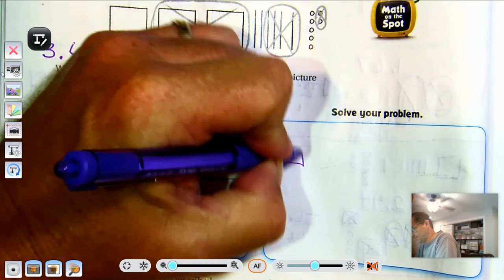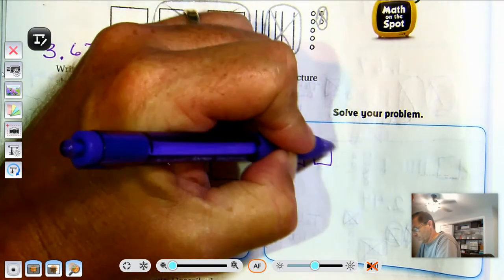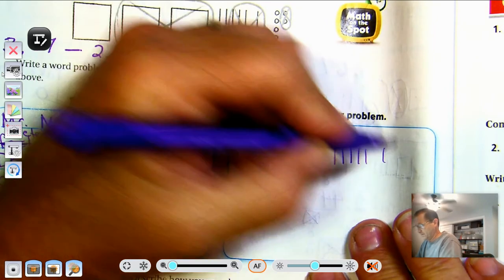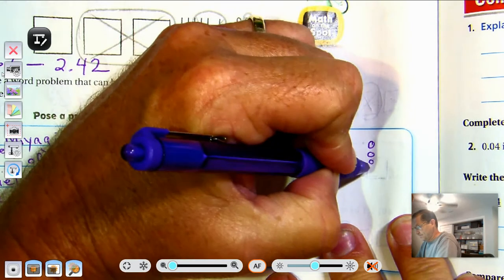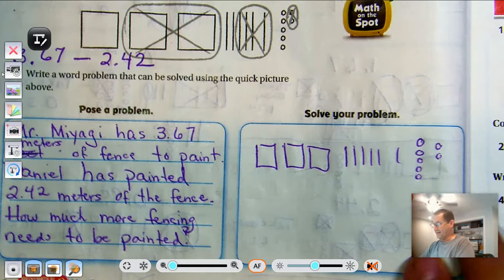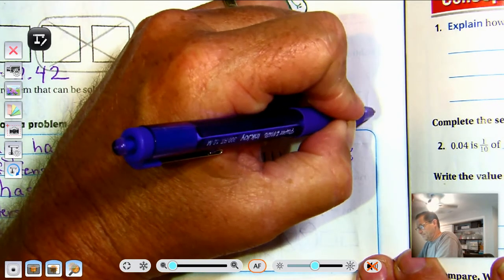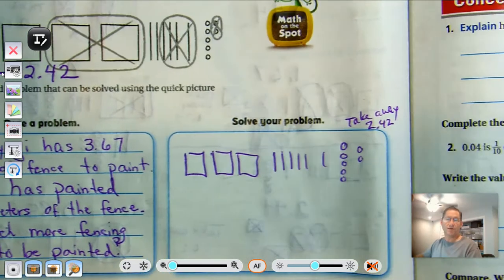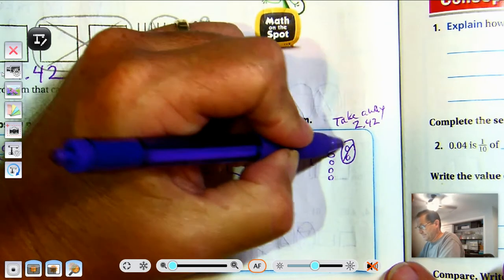Well, my problem is 3 and 67/100ths. And I need to take away 2 and 42/100ths. Can I take away 2/100ths? Yes.